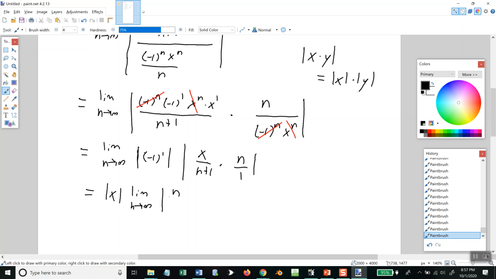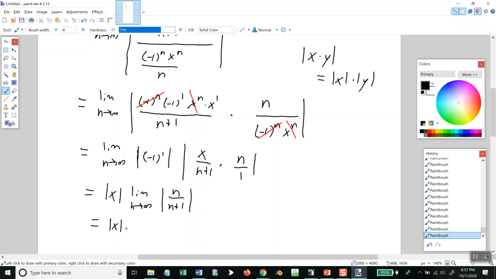And we got n over n plus 1. We sure use L'Hopital's rule a lot, aren't we? Okay, so that goes to 1, and then that's just 1.